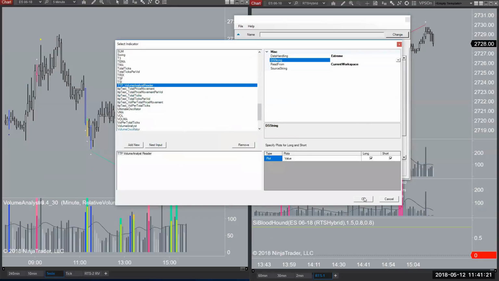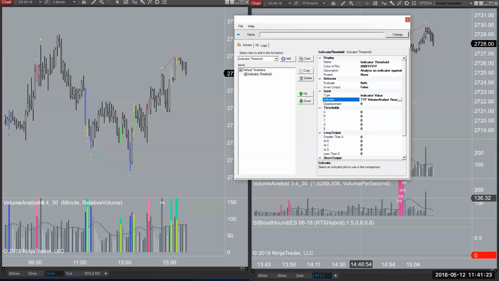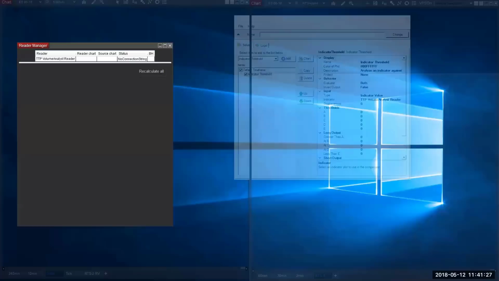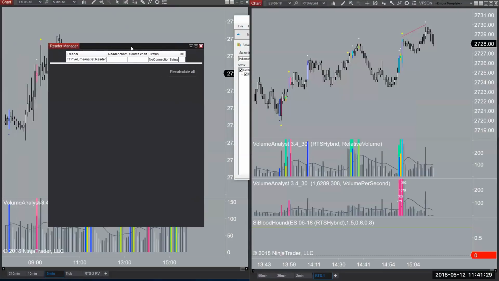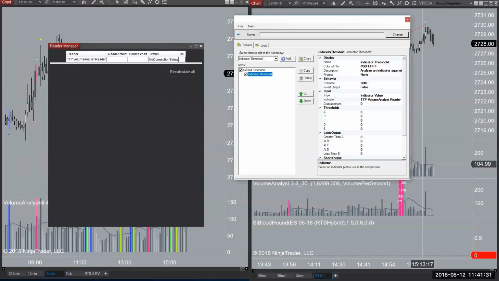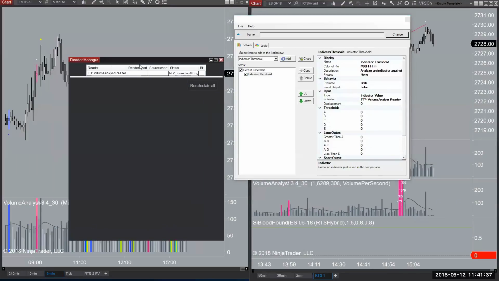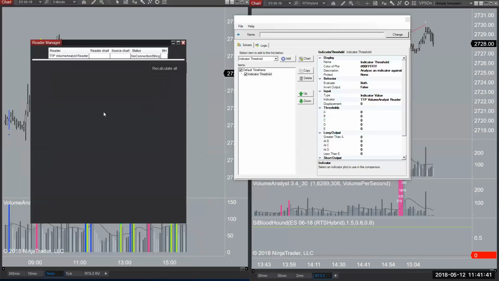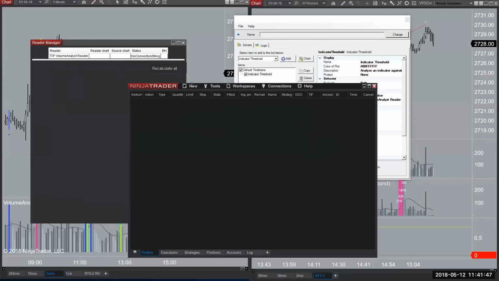One caveat, you have to actually load it first. And this is the reader manager now. Once we get it in there, to get it to connect, we'll have to click on this recalculate all button. This was the most difficult thing to do with this whole system. Basically, rather than being an indicator, it's an add-on.